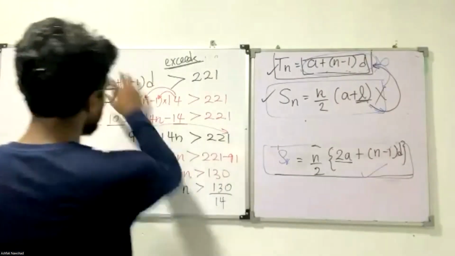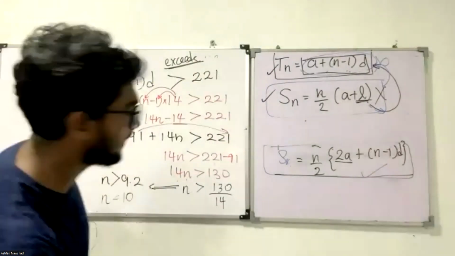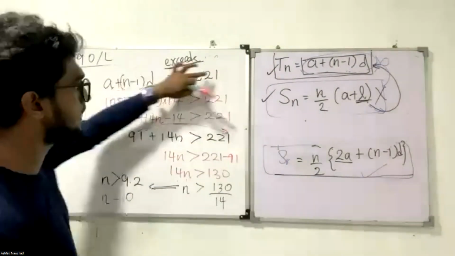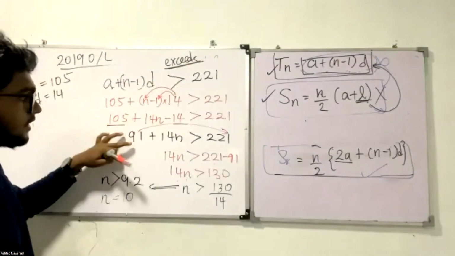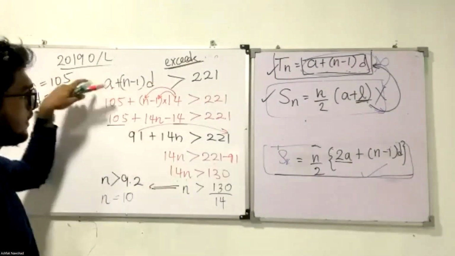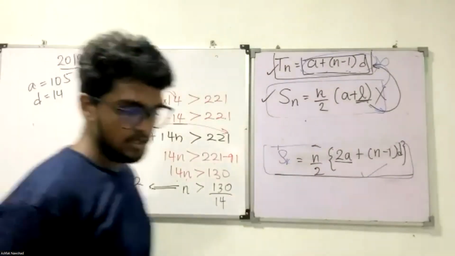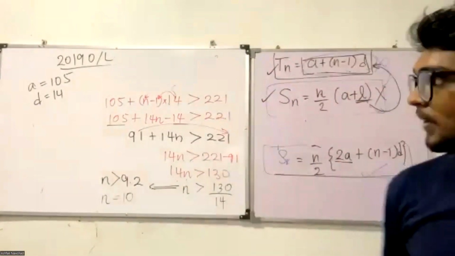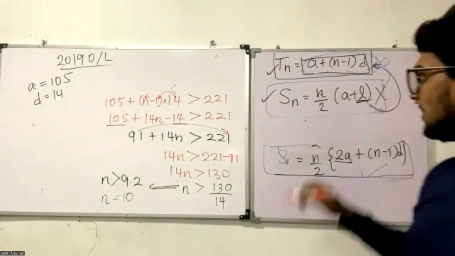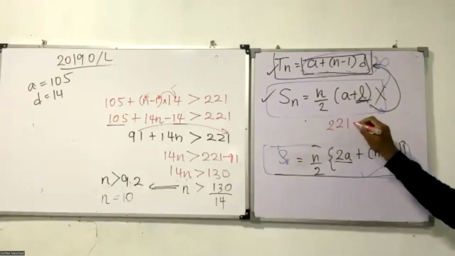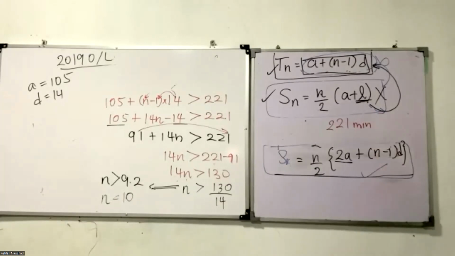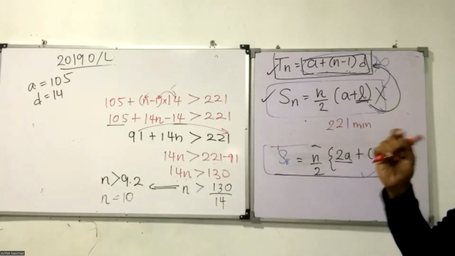See the inequality again. I'm going to explain the inequality. The simplification part, I hope everyone is okay with. They are saying, in which week does she exceed 221 minutes? So exceeds, the word is important.